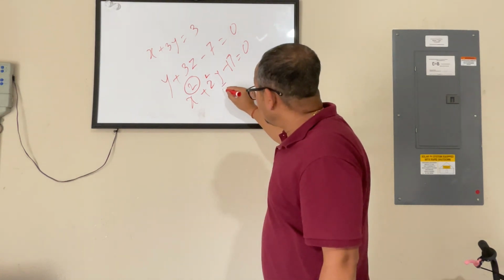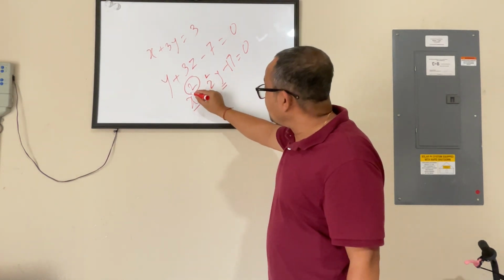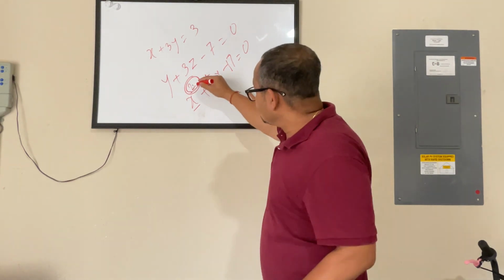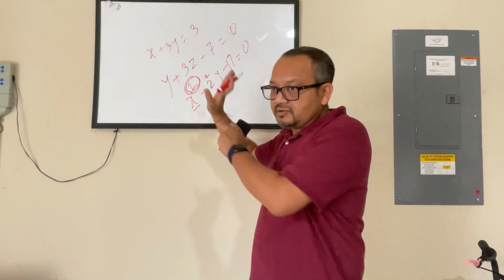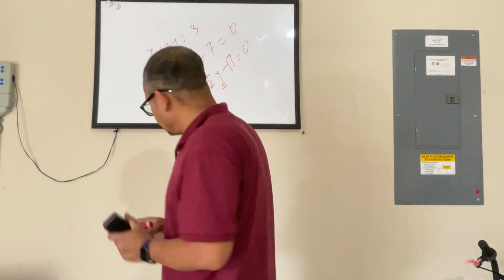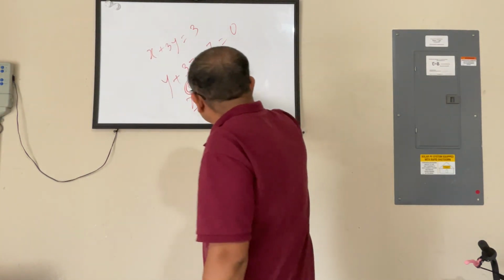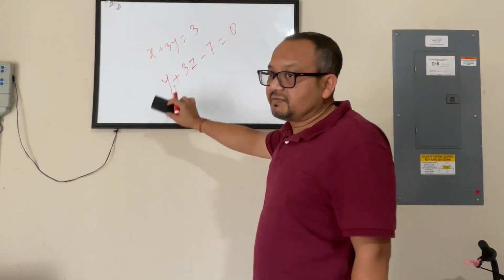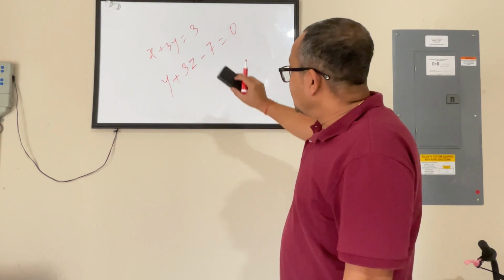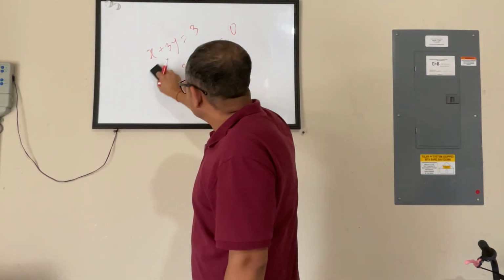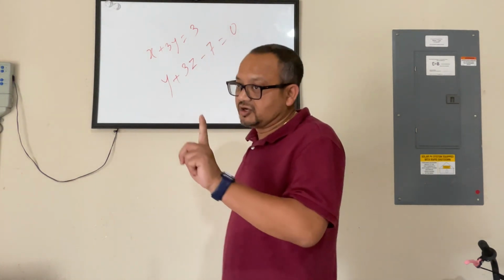But if any of your variables has a power more than 1, that means it's not a linear equation. If it has 2 for any variable, that becomes a quadratic equation, which we will learn later. For now, the first thumb rule to remember is, any equation will be a linear equation if the variable of the equation has maximum power 1.